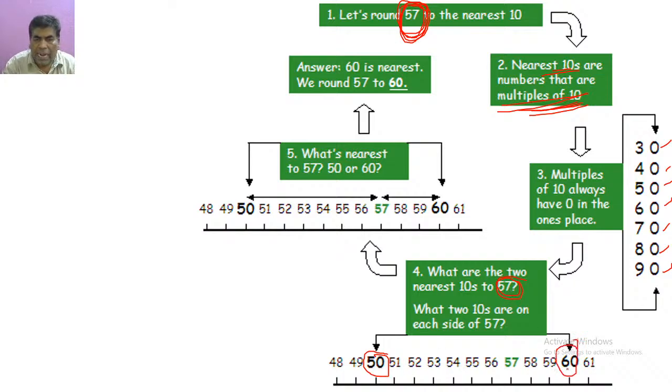Between 50 and 60. What is the distance between 50 and 57? 1, 2, 3, 4, 5, 6, 7. 7 units. What about 60? 1, 2, 3. 3 units. What is the nearest one? 60 is the nearest one. So the answer is 60.